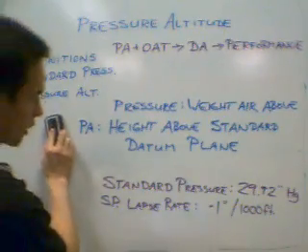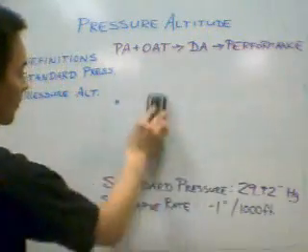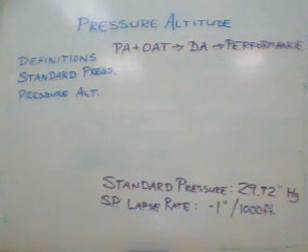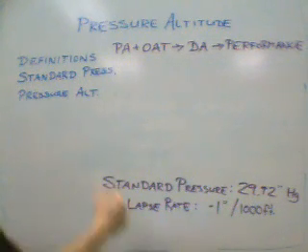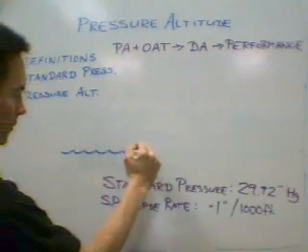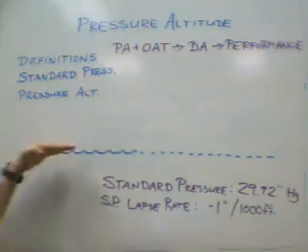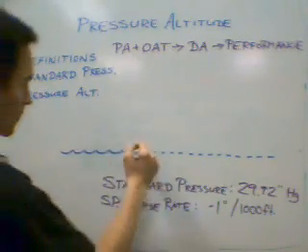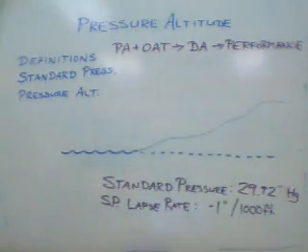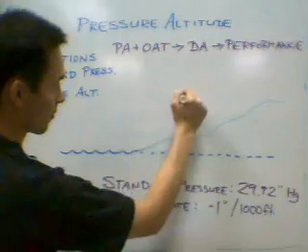Let's look at this in a different way now. We're going to start at sea level. There's the ocean, and this is sea level. There's some land, and here's our helicopter.